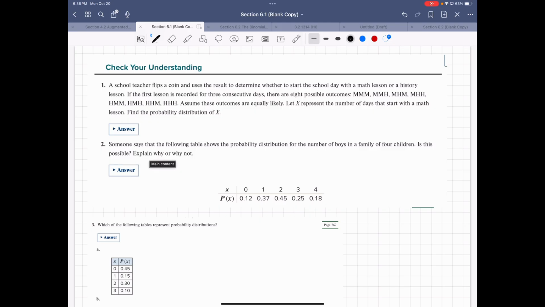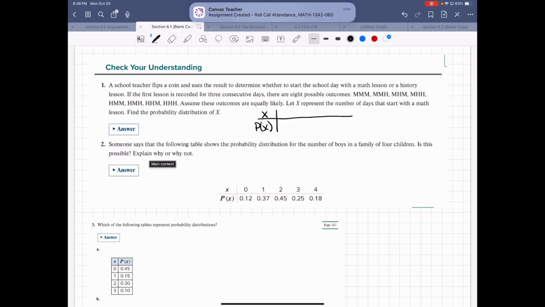Okay. All right. So, we need to find the probability distribution of X. That means we need to make the table, okay? So we've got my X, we've got my P of X, and we need to talk about what X represents.